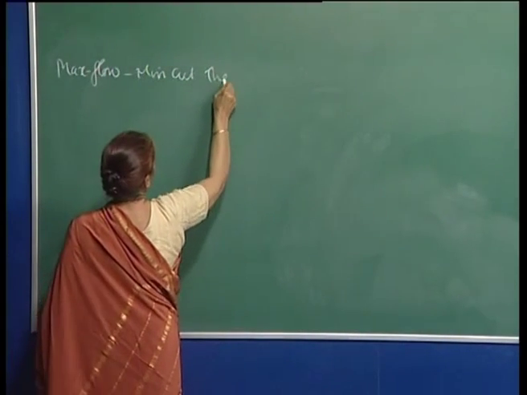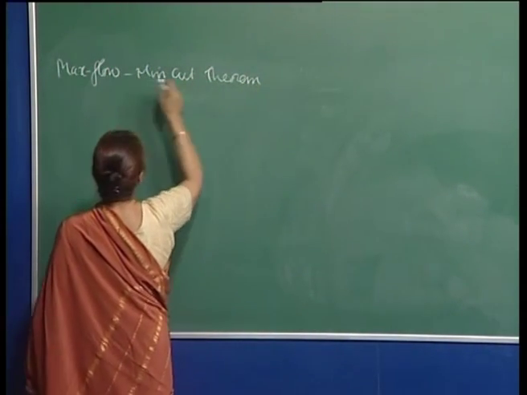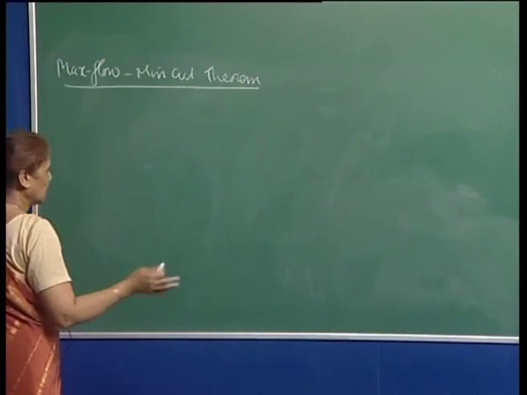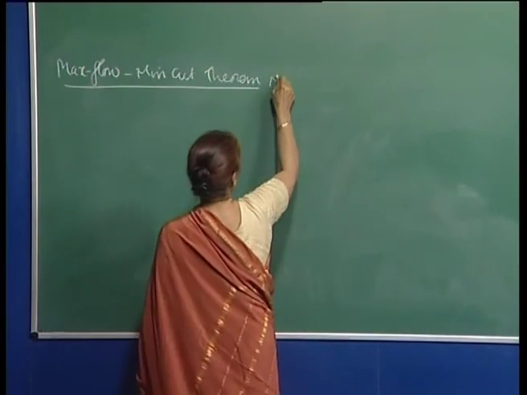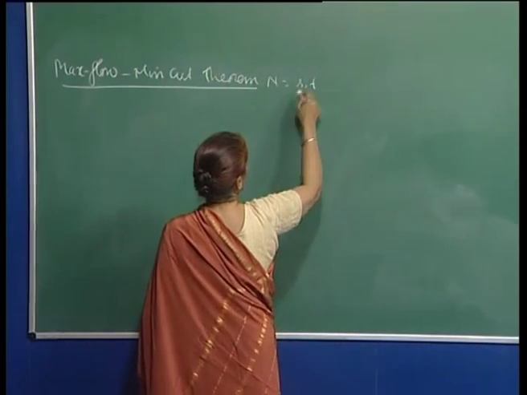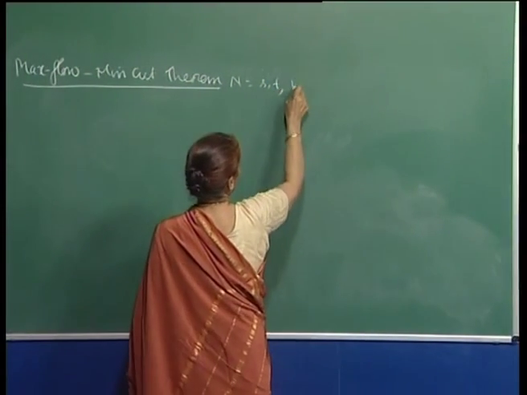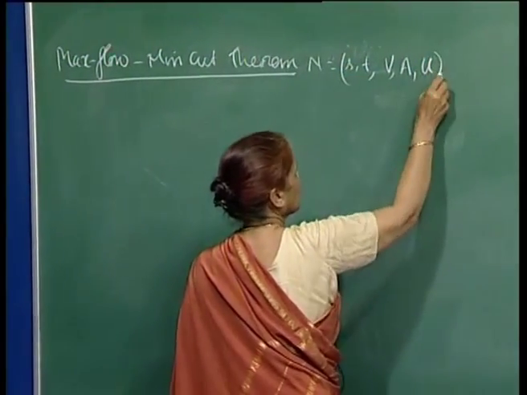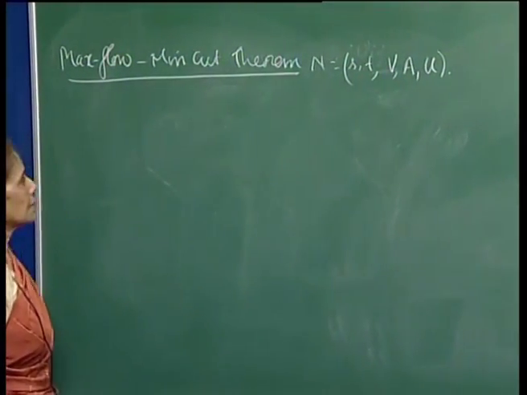This says that we have a network N where the source and sink nodes are specified, V is the node set, A is the arc set, and U denotes the capacities on the arcs. So U is a vector of capacities.